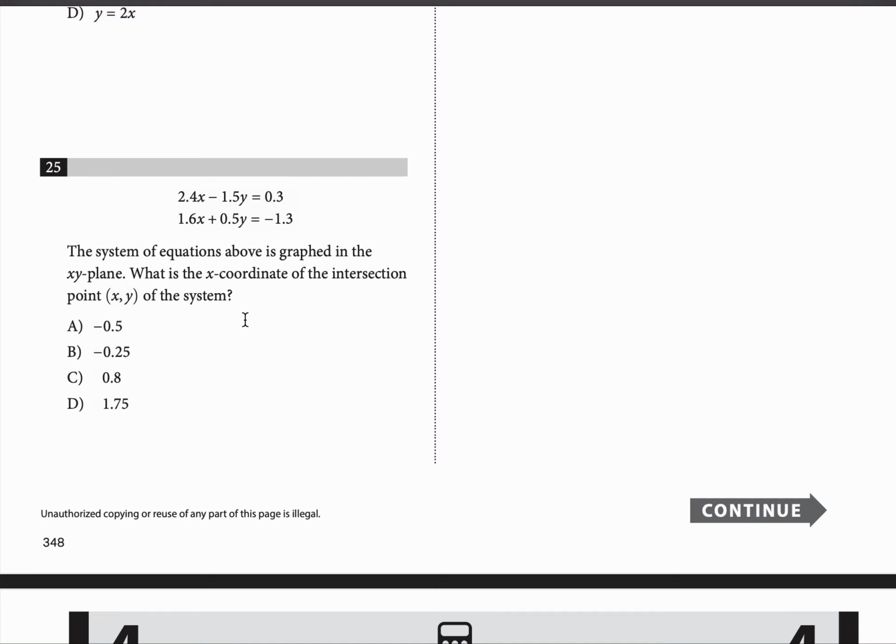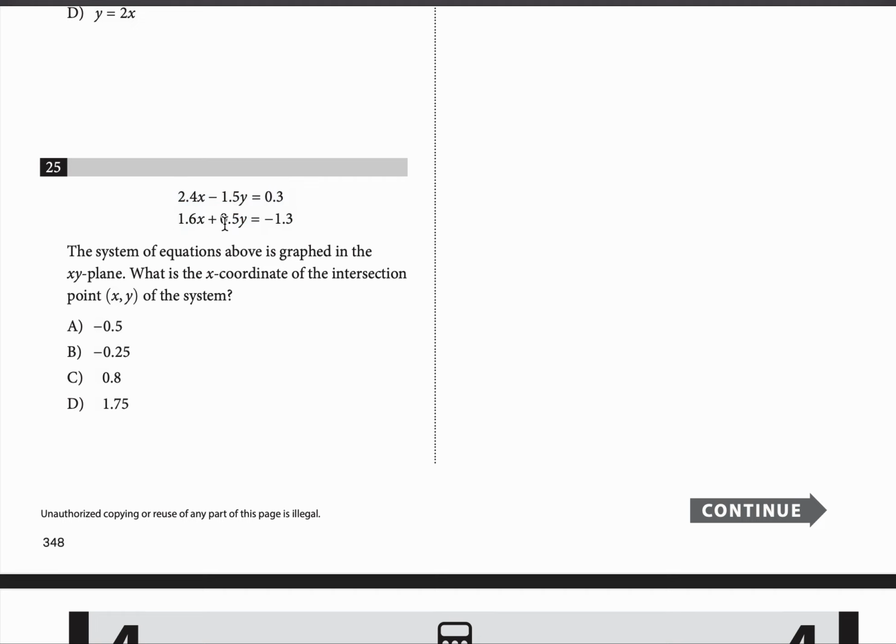So we want the x that's going to give us the same y. Okay, so I can multiply this one by -3.